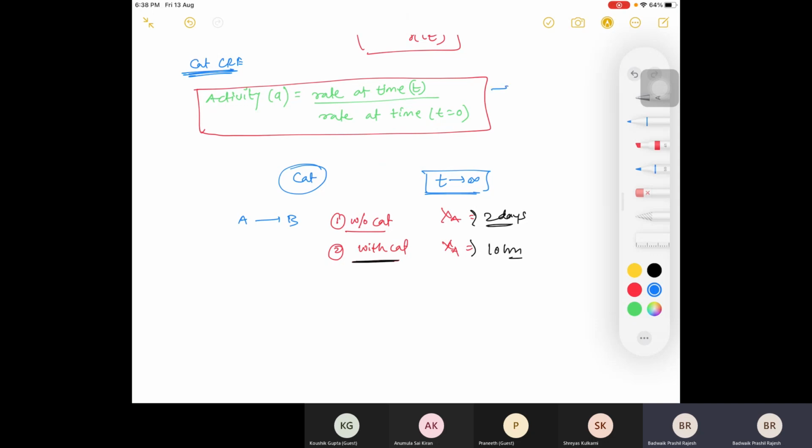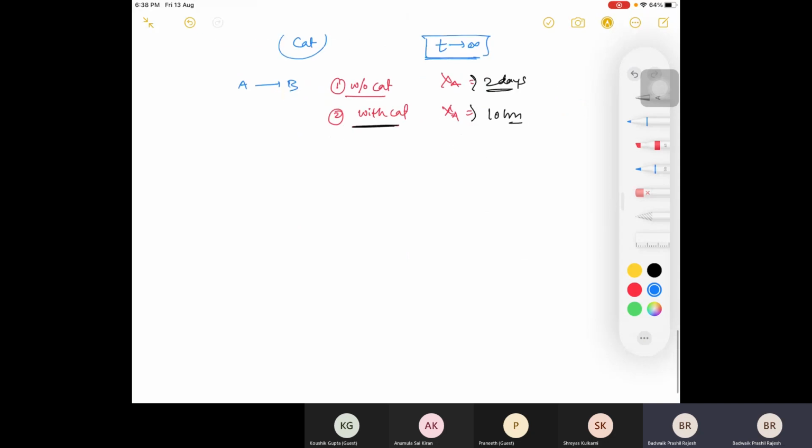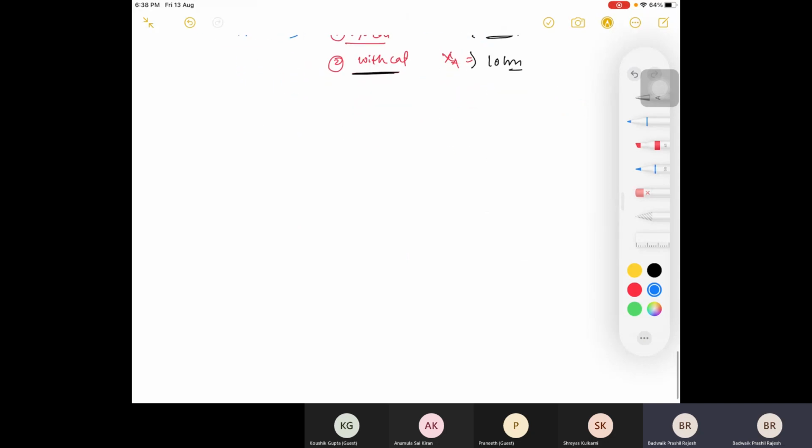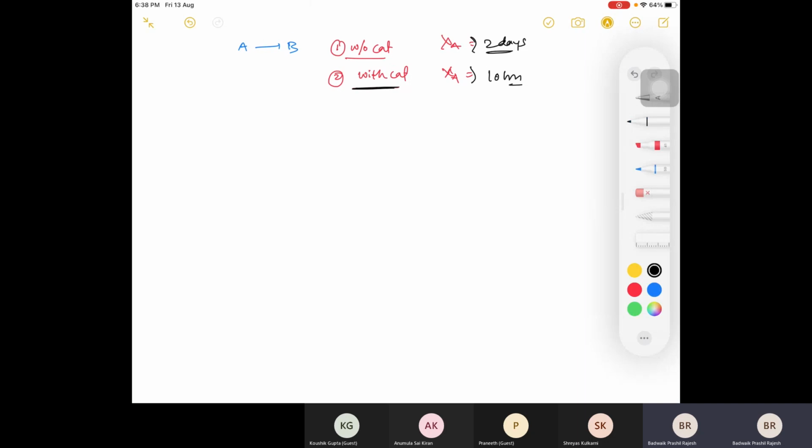So here rate lower divided by rate higher will be lower than 1 as time passes. This is what deactivation is about. Then I write minus rA equals 1 by V dNA by dt, equals K into CA.